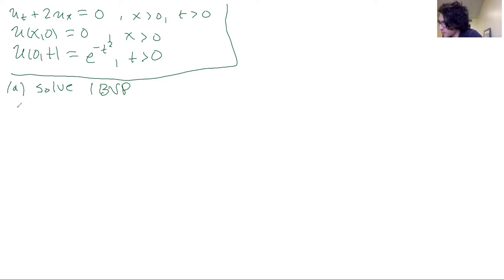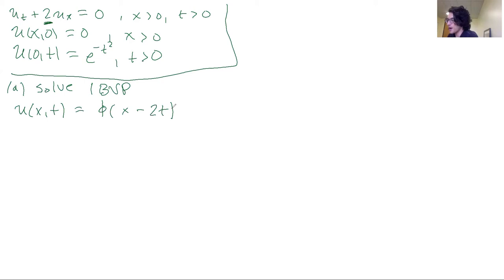So if you remember, our typical solution is going to be one of the form phi of x minus, and then the thing that you subtract is the wave speed that's out in front of the spatial derivative.